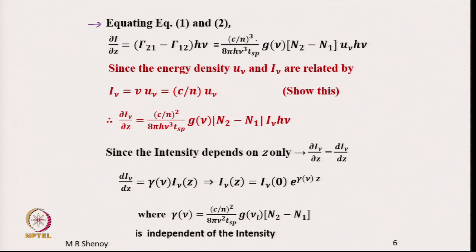And gamma was W into N. So, this term here is W, that is the rate per atom, into (N2 minus N1) into U nu h nu.